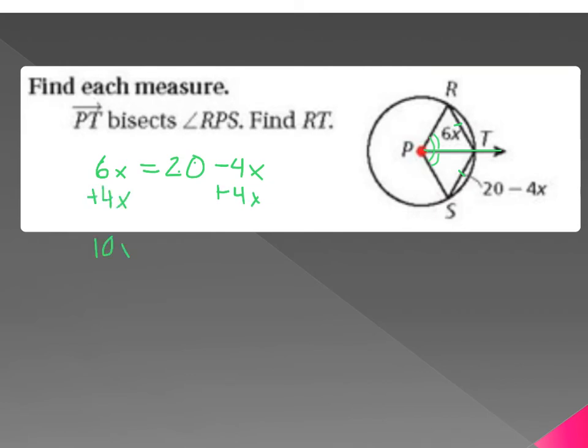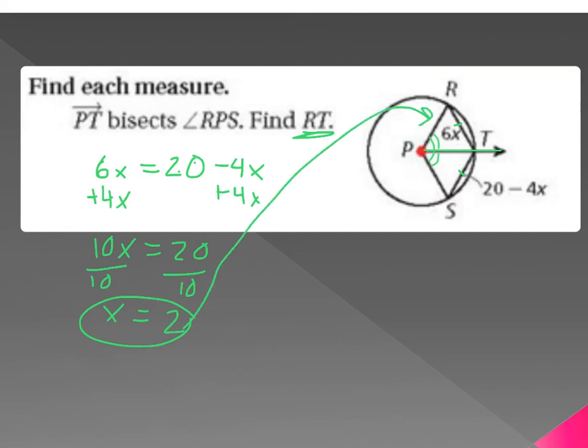So we have 10x is equal to 20, divide by 10, and x is equal to 2. It's asking us for RT, so we just need to take what we found for x and plug it back in. So we have 6 times 2, which gives us a chord length of 12. So RT is equal to 12.